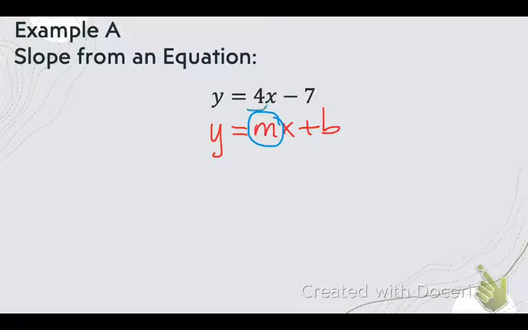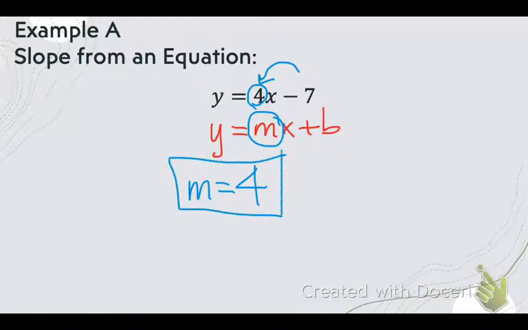I notice that a 4 is in front of the x. So my slope, m, equals 4. It does not include the x. It's the coefficient of the x term. I'm only looking at the number. That's how I find my slope.